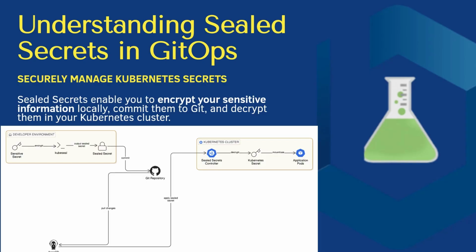You commit the encrypted version to Git, and only the cluster can decrypt it because only the cluster has the private key. So the benefits of using Sealed Secrets are it's GitOps friendly and simple. Some inconveniences are mainly the fact that it's tied to a specific cluster. Rotation and multi-cluster setups can be very painful.